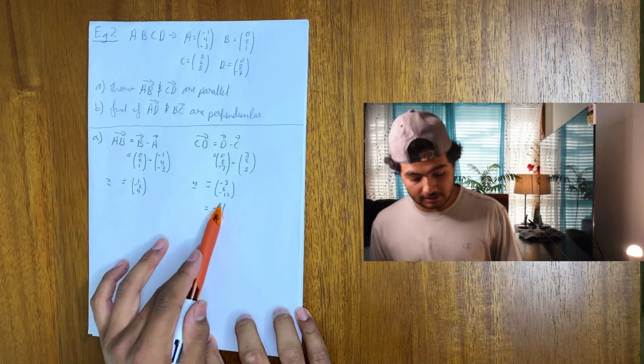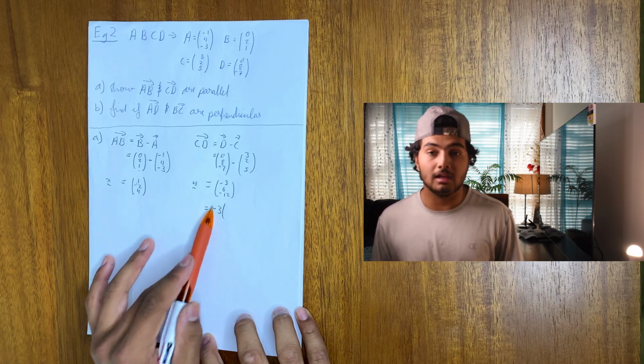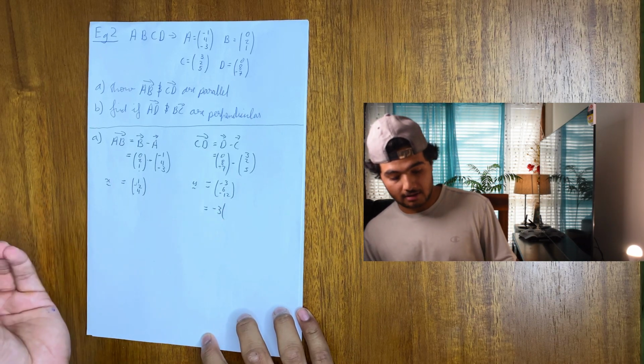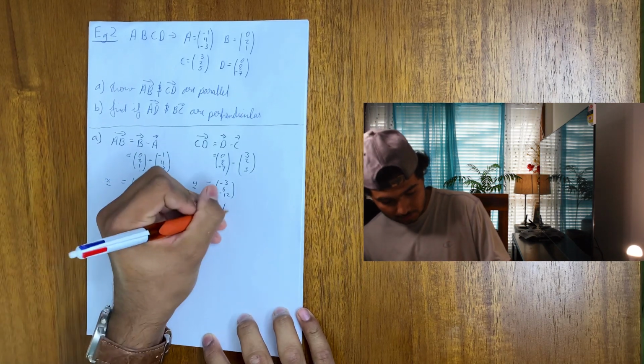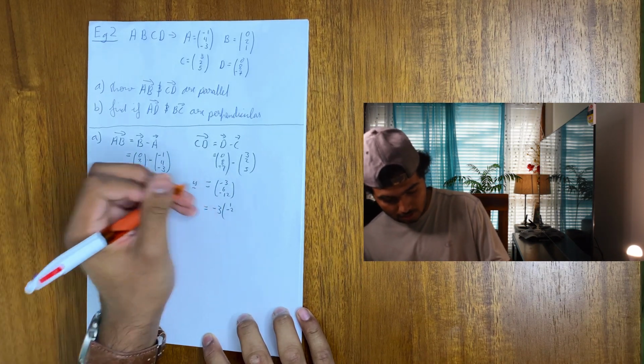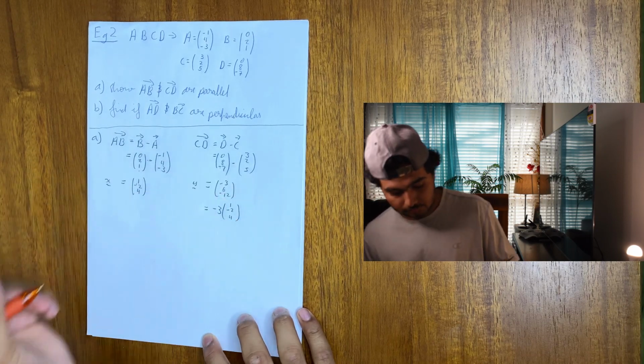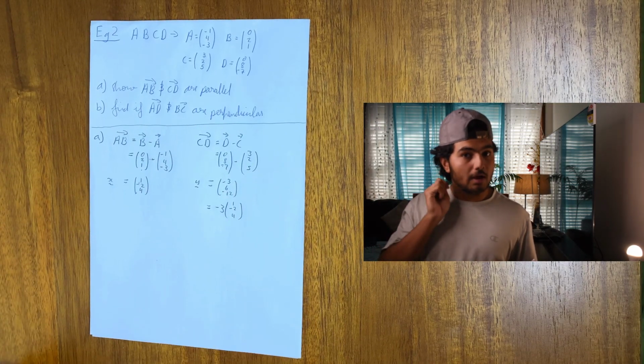So we know that when it's multiplied by a scalar magnitude, this is then parallel to this vector X. So we have 1, -2, and 4. There you go. So that is how you do A.